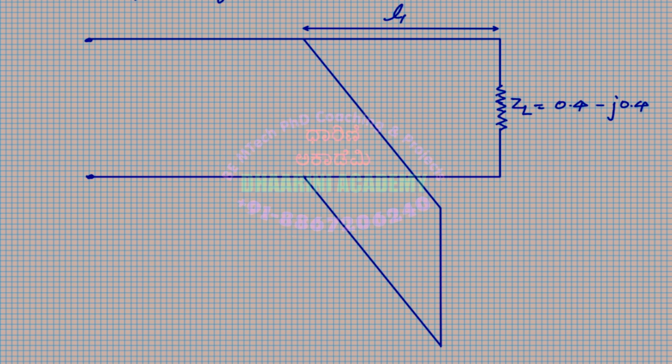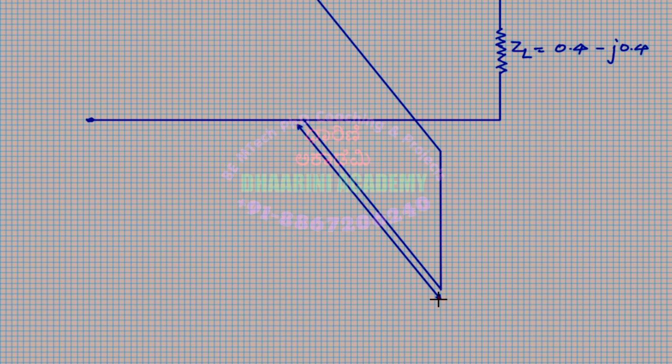And then another one, like this, and this is the length of the stub. That is L2, right? I'm supposed to find L1, that is the location of the stub, then L2, that is the length of the short-circuited stub.